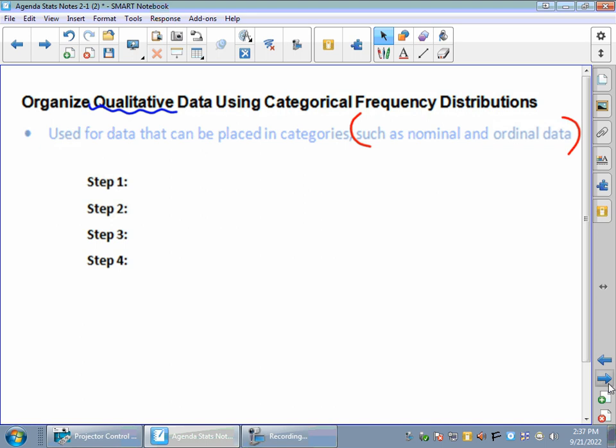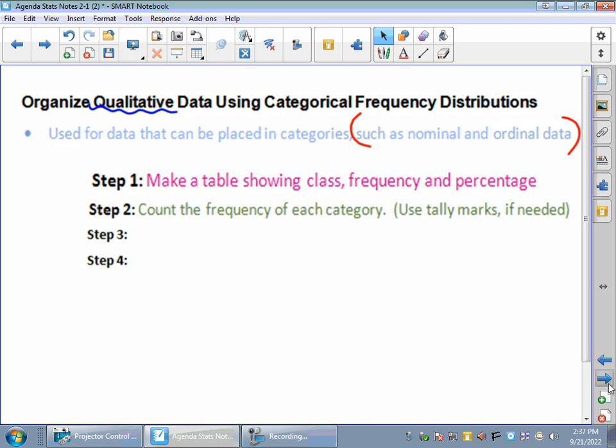So first step, we're going to make a table. We're going to have 3 columns this time. We're going to have class, frequency, and percentage. Then we're going to count the frequency of each category. Some people like to use tally marks. Others don't. They just count or cross things out. I don't get picky about that as long as your frequencies are correct.